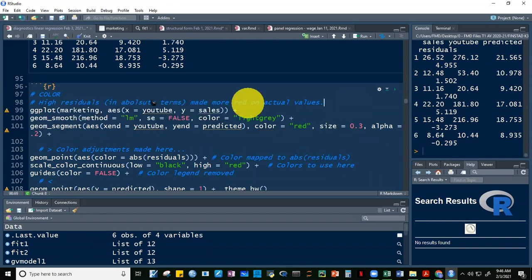Our data is marketing. For X, we will plot YouTube because it's our predictor, and Y is sales. Then geometric object smooth, linear model, without the standard error. We add color light gray plus segment, meaning lines. What do we put in that segment?